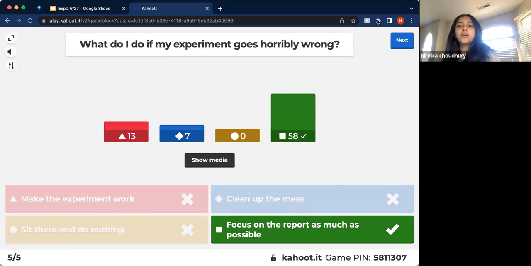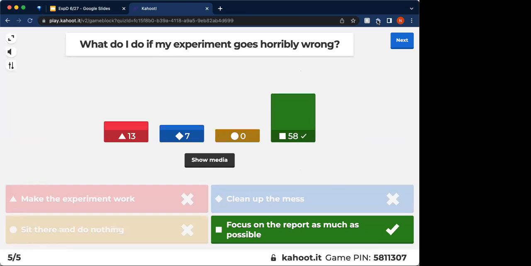Focus on the report as much as possible. Yeah, I'm proud of you guys. Didn't sit there and do nothing. If it goes horribly wrong, making the experiment work is not gonna do anything, and the judges don't care about if your experiment worked or not because the only thing that they see is your report. So you focus on the report as much as possible, and you wouldn't clean up the mess because you can do that after. Okay, let's see the final scores.